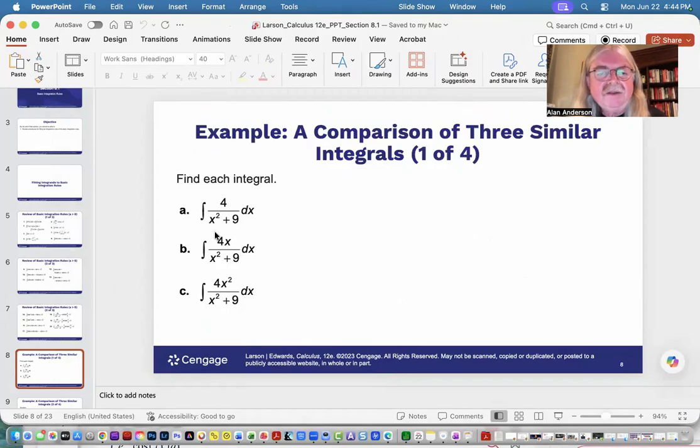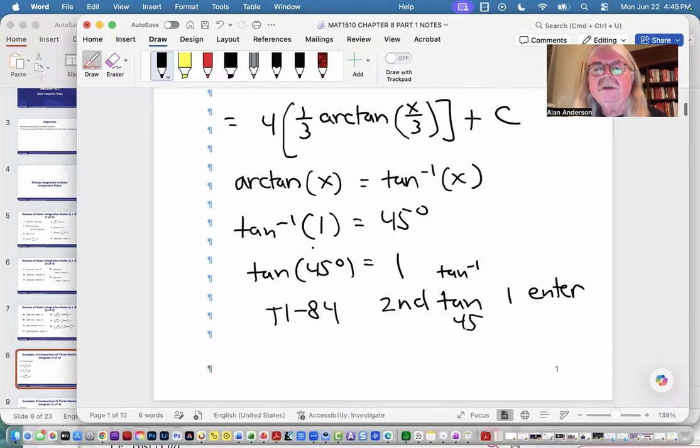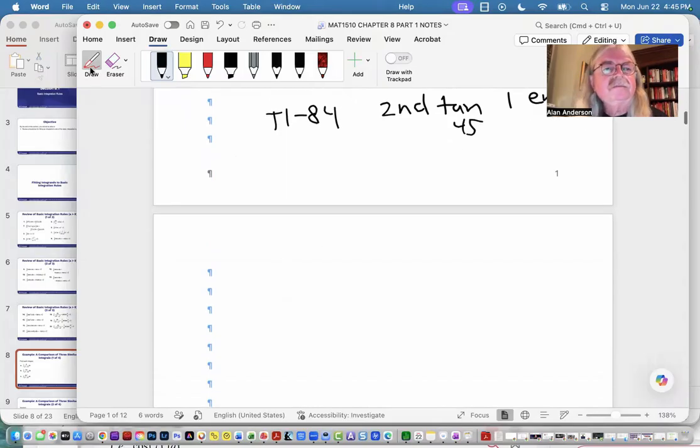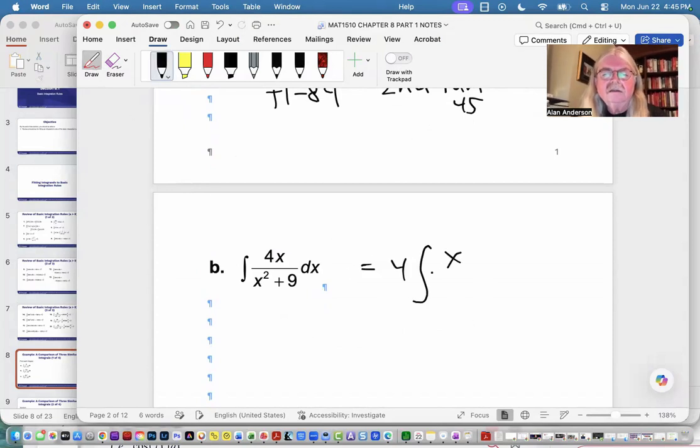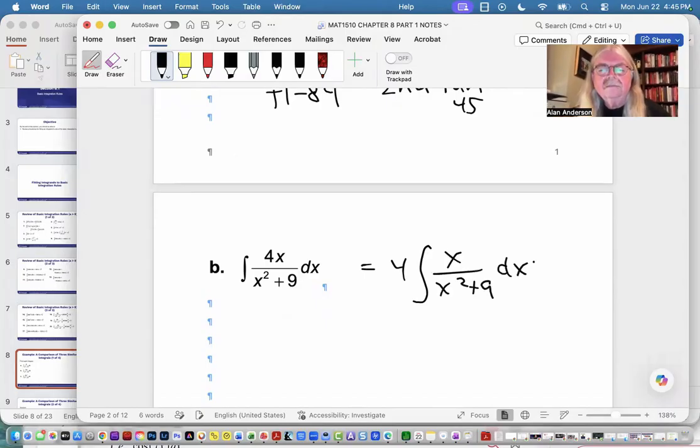All right, now how about this one? That one looks a little bit messier. It doesn't look like this one is going to be something we can read right off the list of basic rules. We're going to have to try something a little bit more advanced. And well, first, of course, we can factor out the 4. We don't have to worry about that. So here's an idea.